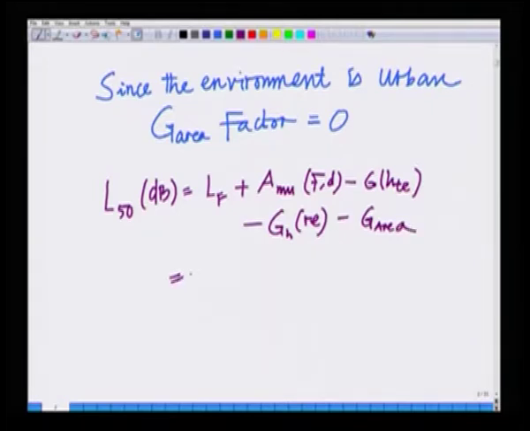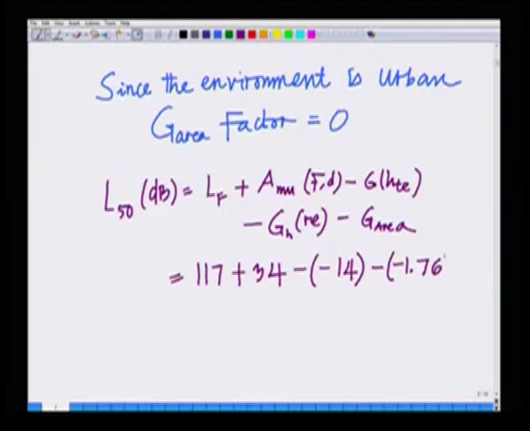This is the free space path loss, which is 117 dB, plus A mu, which is 34 dB, minus the transmit antenna gain factor, which is minus 14 dB, minus 1.76 dB, and that comes to approximately 167 dB.